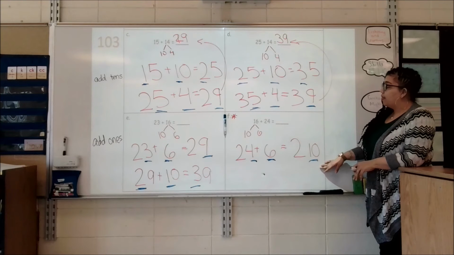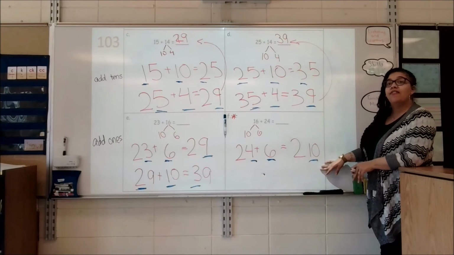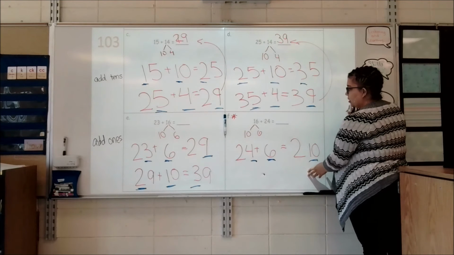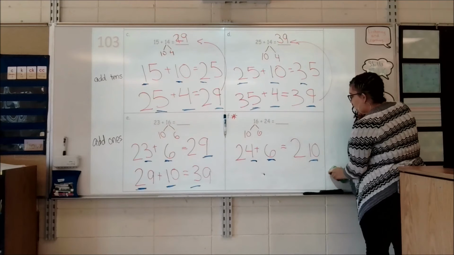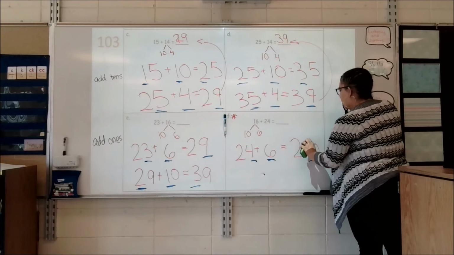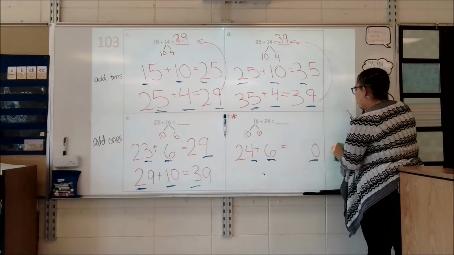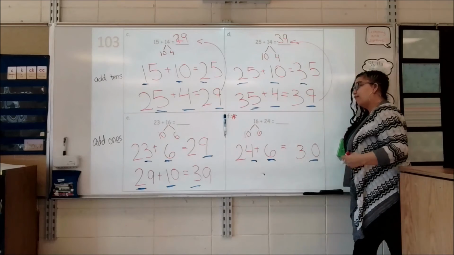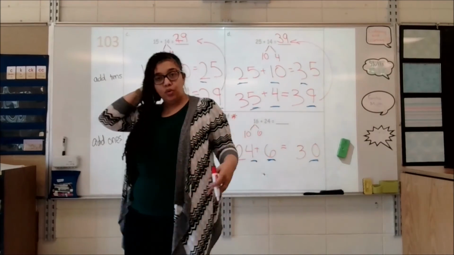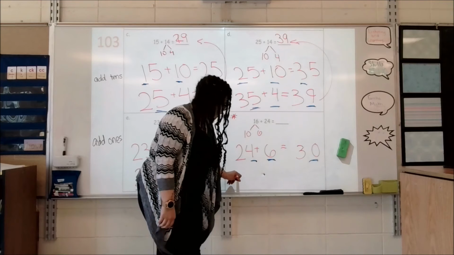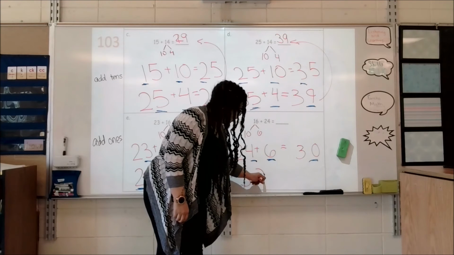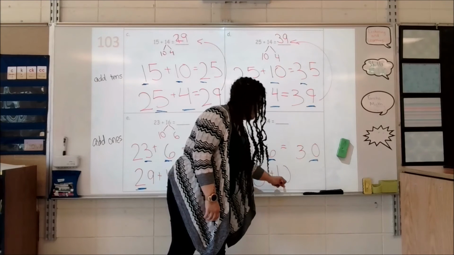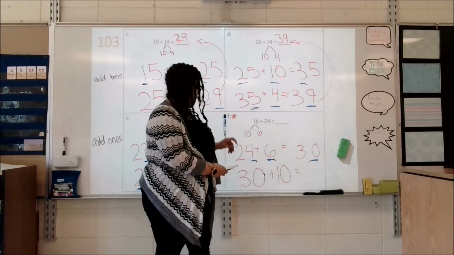Now, this isn't a place value chart. 6 is equal to 30. So now we're going to add the new larger part from where we added the ones and the other 10 together to get my final answer.